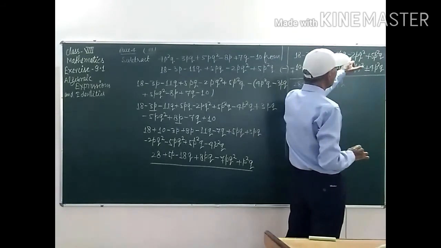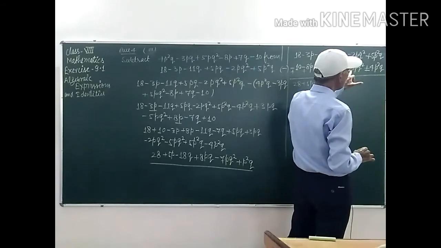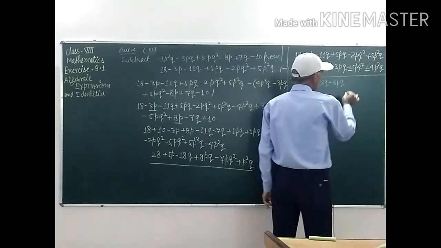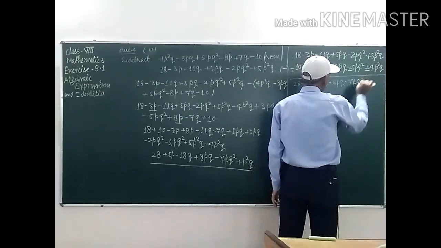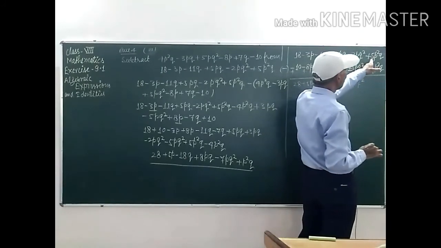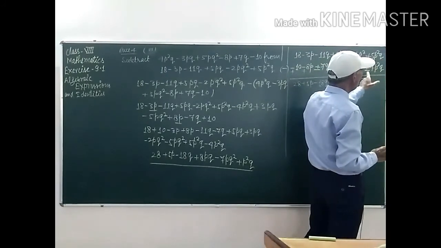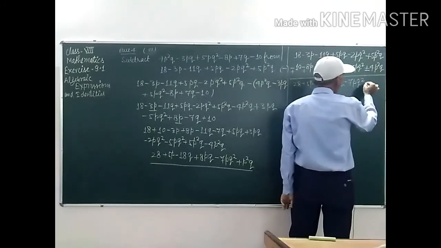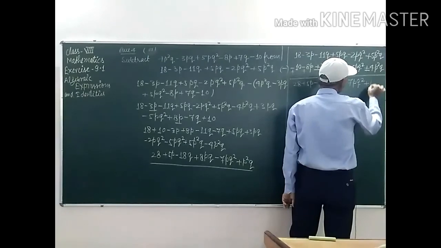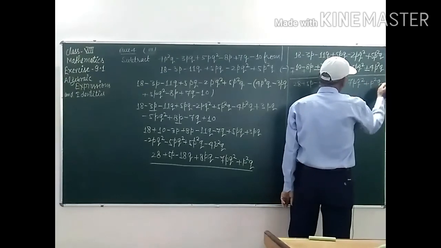And this one minus 2pq square and minus 5pq square, minus 7pq square, and this one 5p square q minus 4p square q, that is only p square q, plus p square q.